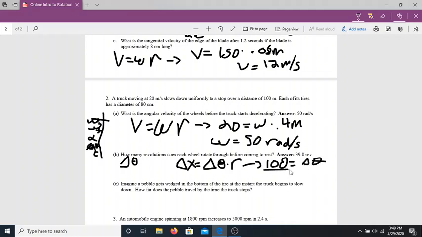So I can solve for the number of radians this travels through, which I believe, looking at my notes, is about 250. And then once you have that, if you know delta theta, to count the number of revolutions, it's just delta theta divided by 2 pi.